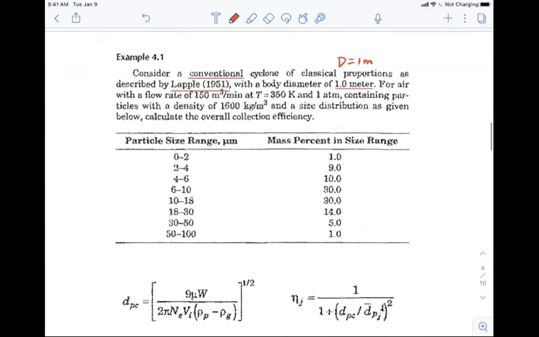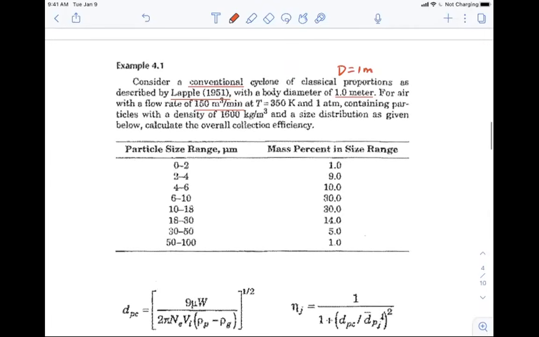So it further gives us that the flow rate of the air is 150 meter cubed per minute, right? Let me just write out these conditions. We have D equal to 1 meter, right? The Q is equal to 150 meter cubed per minute, the temperature is 350 Kelvin, and the pressure is 1 atmosphere, so basically that's 1.01 multiplied by 10 to the 5th Pascal.